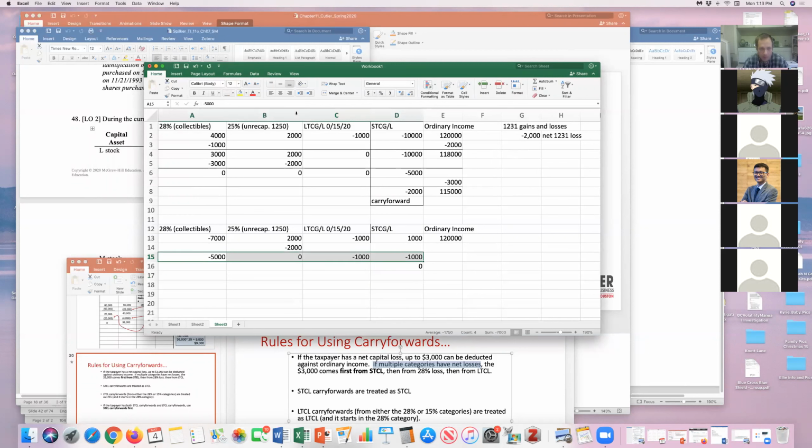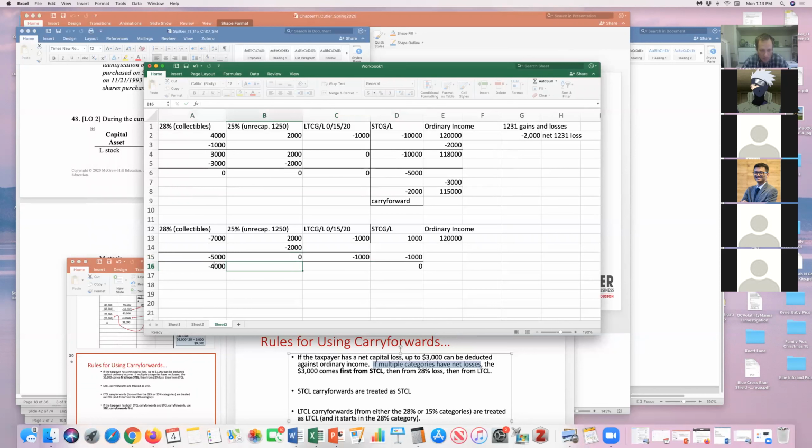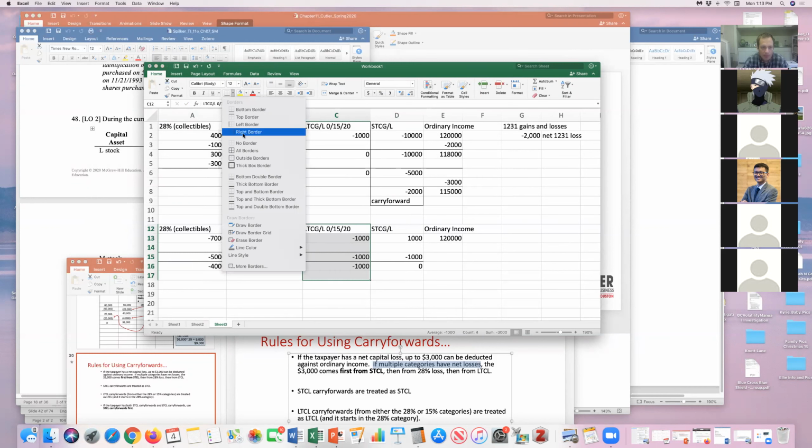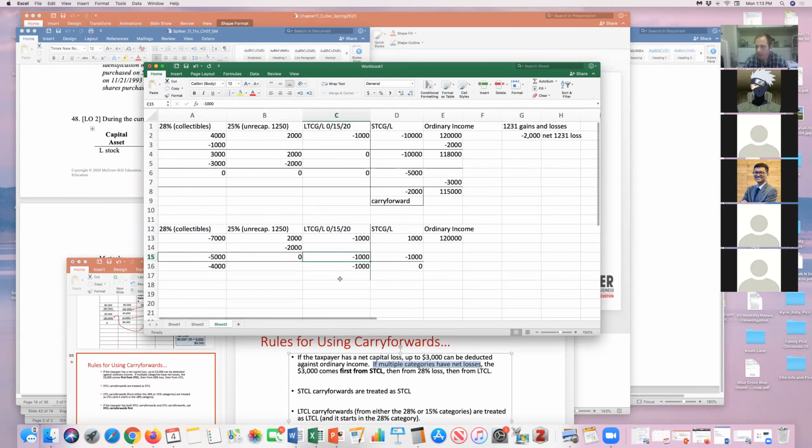What am I left with? 4,000 left of this one and 1,000 long-term capital loss. So when I don't have any short-term gains, it's the same thing with these net losses on the long-term side. I can still only use 3,000, so that limit applies to short-term and long-term.